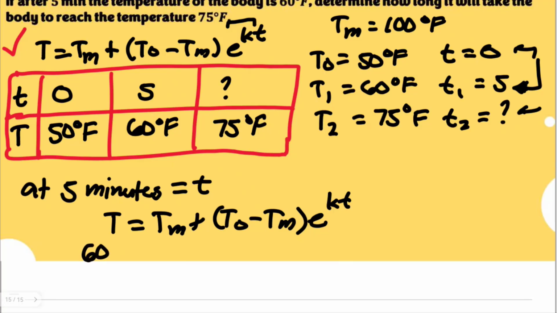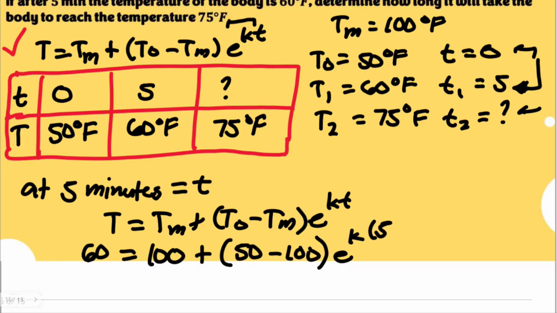We're going to drop the Fahrenheits, and the minutes we'll return to later as well. 60 is equal to your T sub m, the temperature of the environment or the outdoors, plus your T sub 0, originally 50 degrees Fahrenheit, minus 100, times e to the power of k times 5, as for 5 minutes. As you can see, only the k is unknown here. So we are going to solve for k first, and whatever the value of k, we'll use that in the second situation to solve for the time needed.